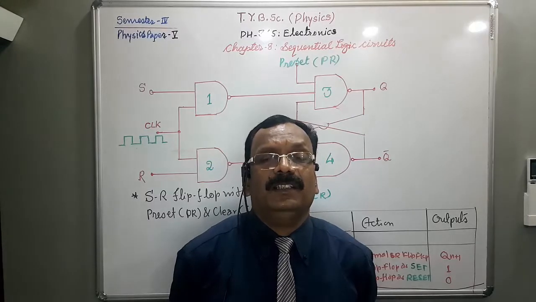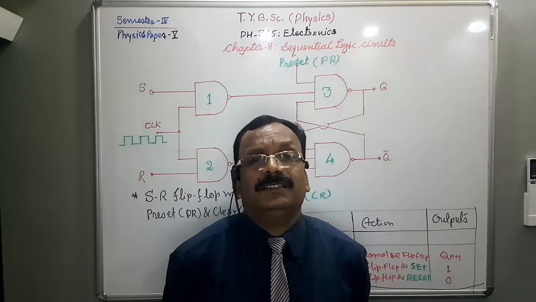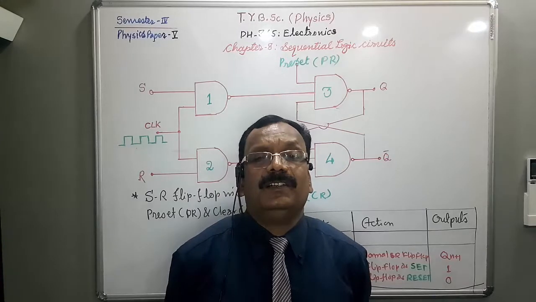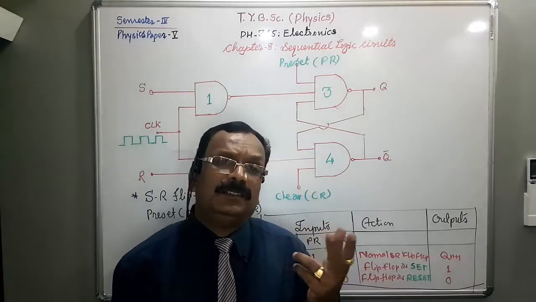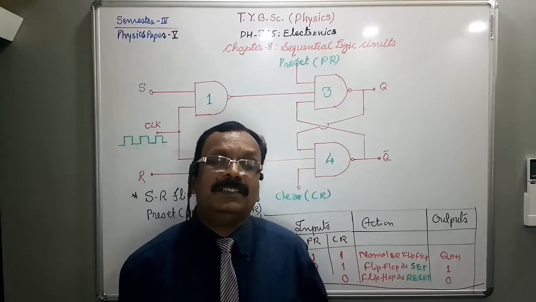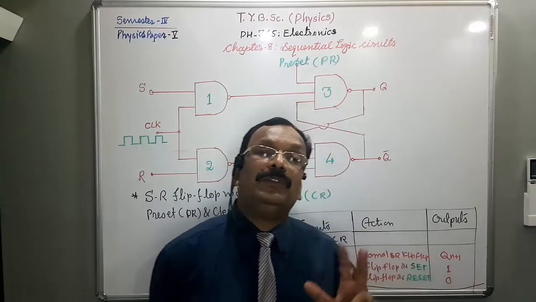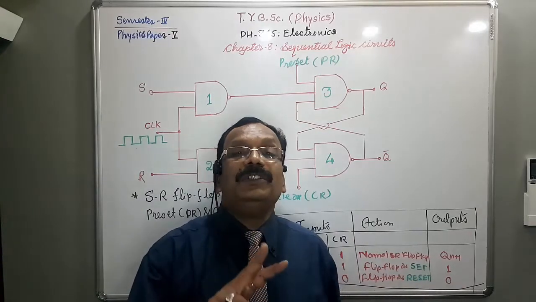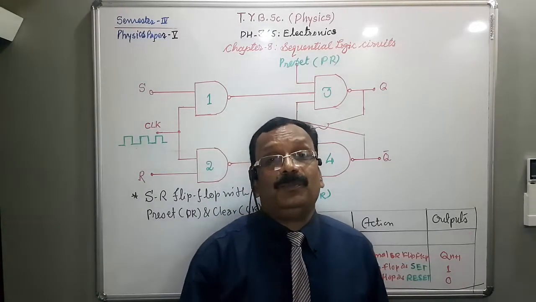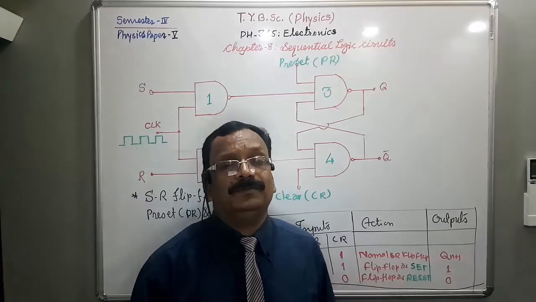That is, whether the flip-flop is set or reset is not known. The output may be 0, that is Q is equal to 0, and you know when Q is equal to 0 the flip-flop is reset, and its complement output Q bar is 1.